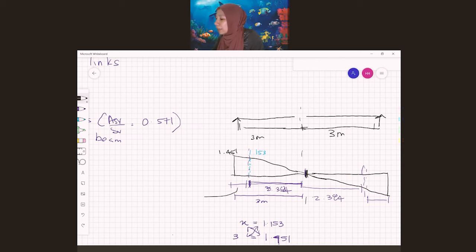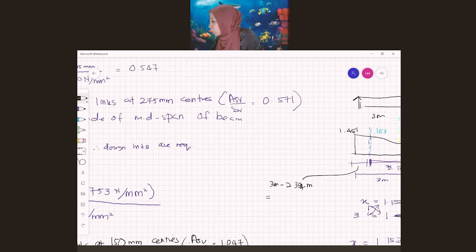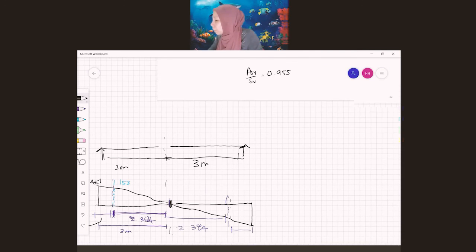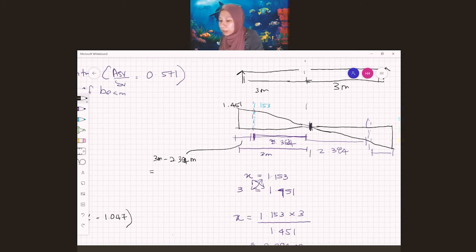Okay, jadinya kalau ini 2.384 meter, so balance kat sini mestilah 3 meter tolak 2.384 meter. Betul tak? So 3 tolak 2.384, saya dapat 0.616 meter.